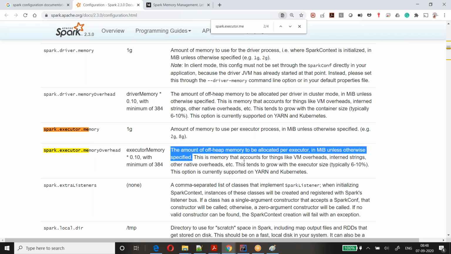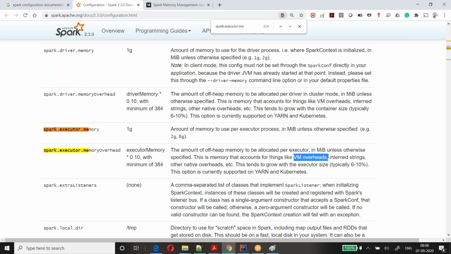This is memory that accounts for things like virtual machine overheads, interned strings, other native overheads. This tends to grow with the executor size, typically 6 to 10%. This option is currently supported on Yarn and Kubernetes. Other things like Mesos or standalone are not supported.